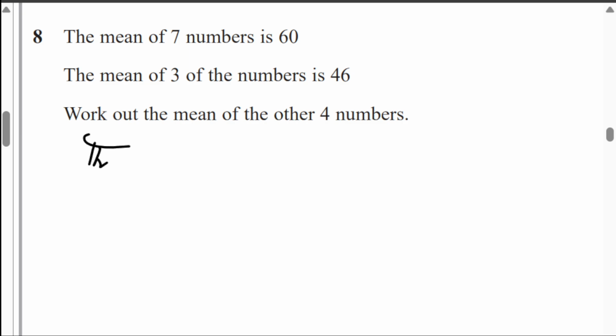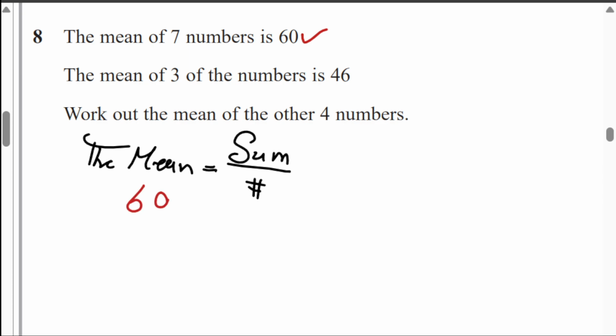The mean is equal to the sum over how many are there, right? So for this first line here, 7 numbers, the mean is 60. So 60 is the mean, equals the sum of the 7, which we don't know, divided by how many are there.